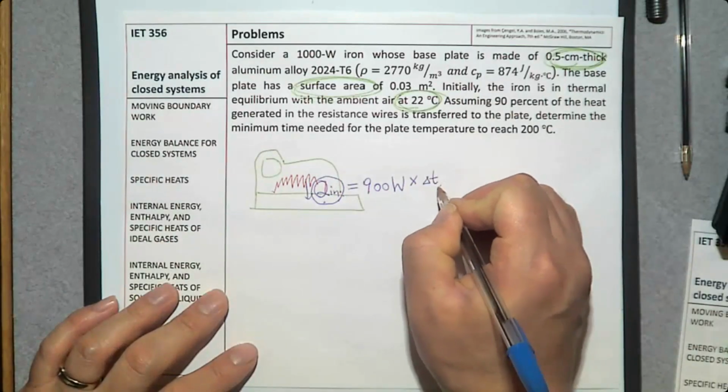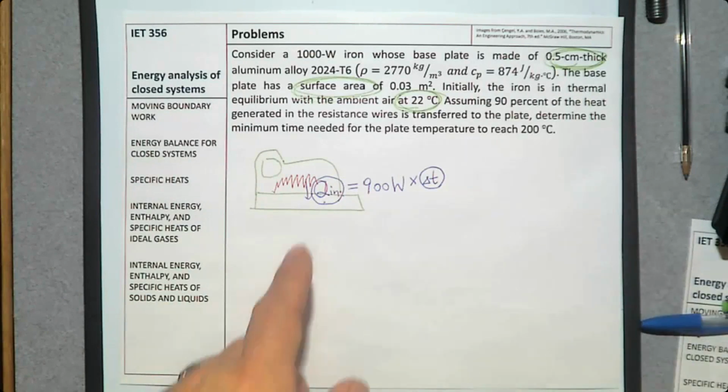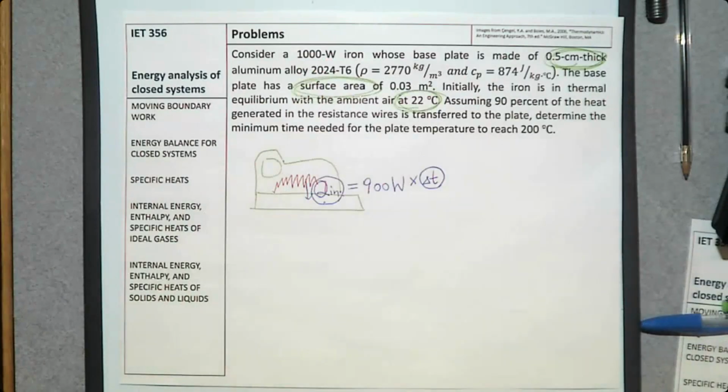Delta T. So 900 watt times delta T is Q in, not 900 watt. Don't get confused between energy and power. Don't get confused between energy, work, heat, and power. Power is the rate of this, okay? In this case, 1000 watt is going to be the power.